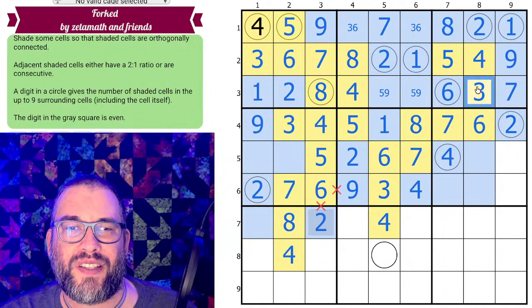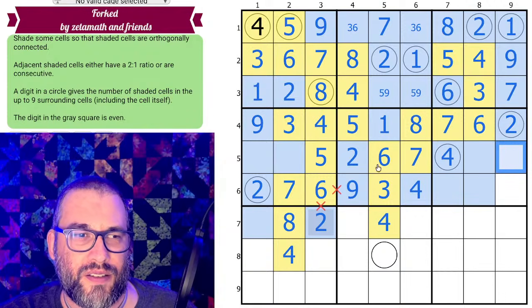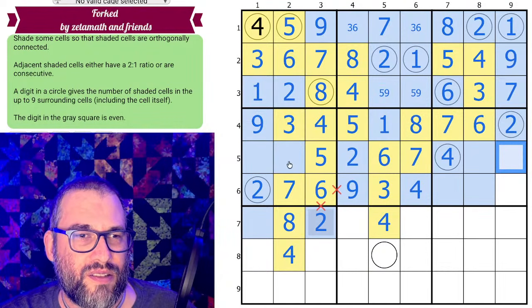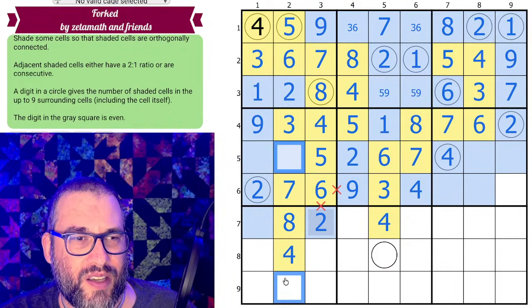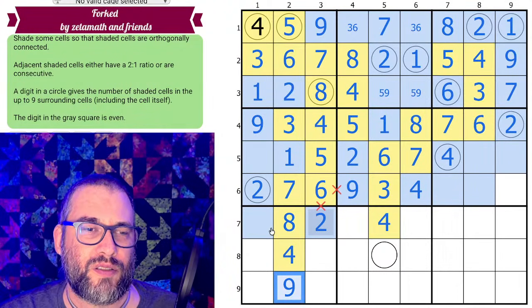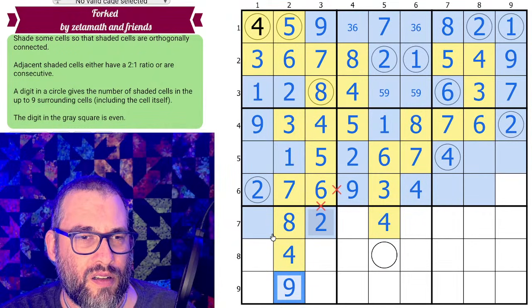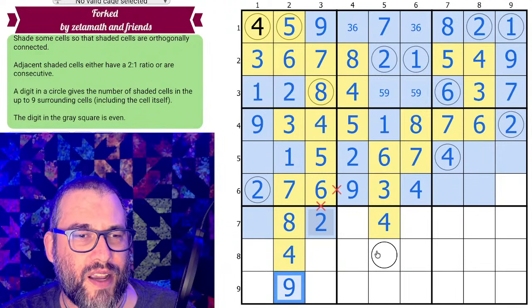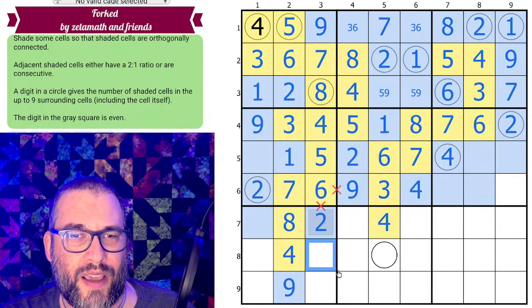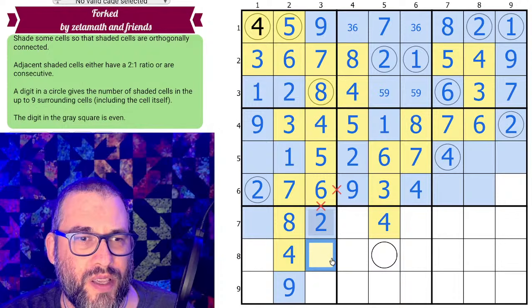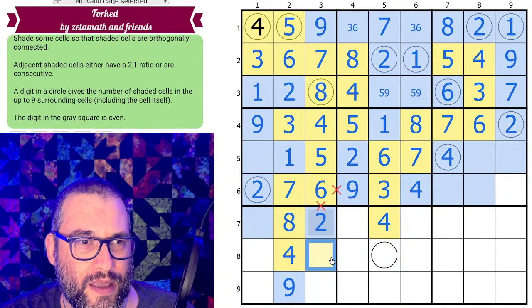This already sees its 2. Let's see. 1, 9 here, and we know the order. That's not shaded. This is going to have to get out this way then. And this can only be a 3.